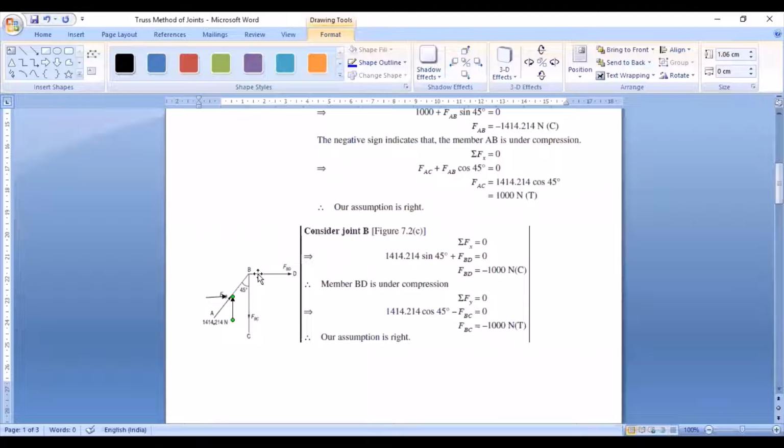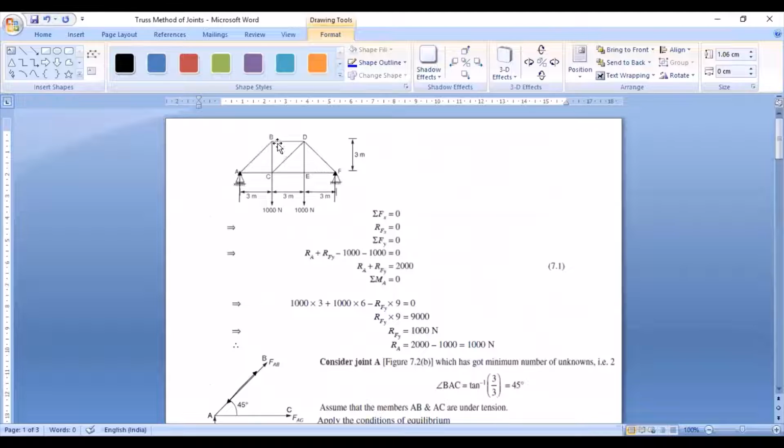Now FBD, you have got with a minus sign. What does it mean? The direction is to be reversed. This direction, which was actually acting away from B, should act towards B. Now if I come to this diagram, in this member you see there is one arrow acting towards B when you consider joint B. When you consider joint D, that also should be towards D. Either the directions should be both repelling from each other or both attracting each other.